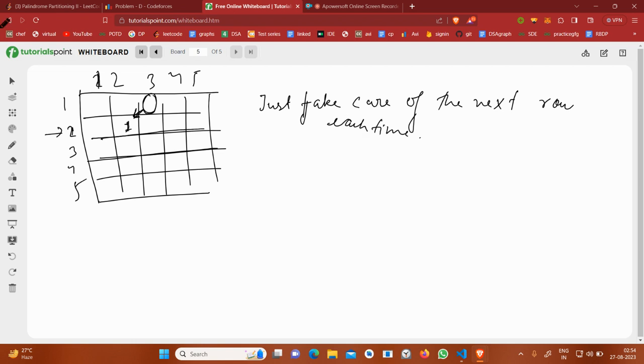This will be enough. So now I am performing the operation here at 1, and this cell will also lie in the impact. All the cells in between these two will be in the impact.